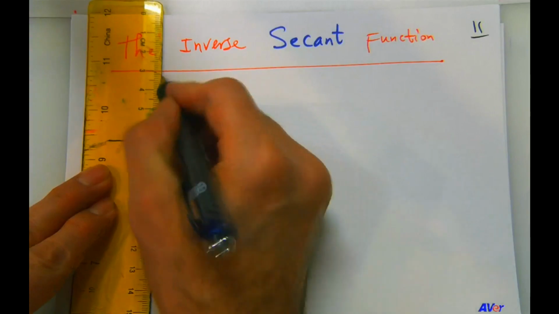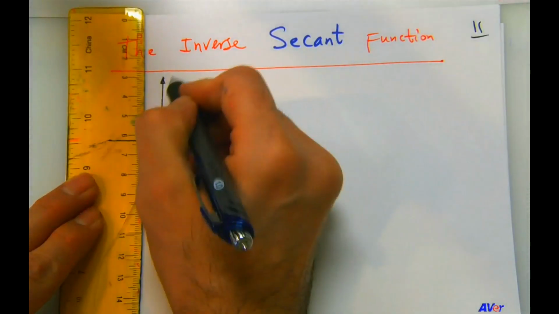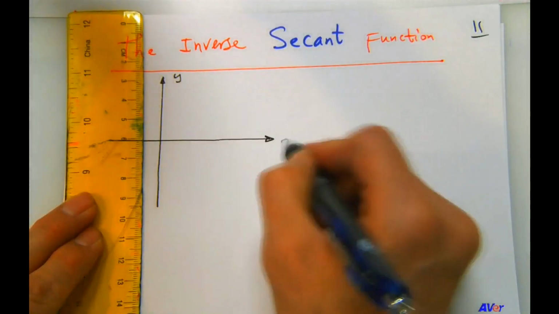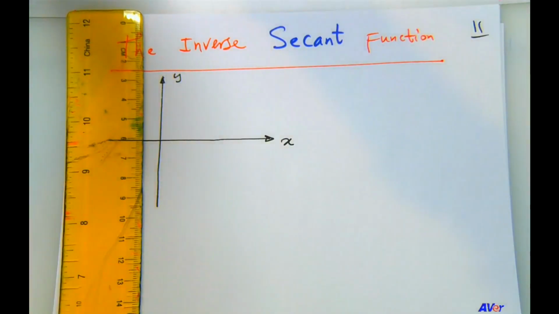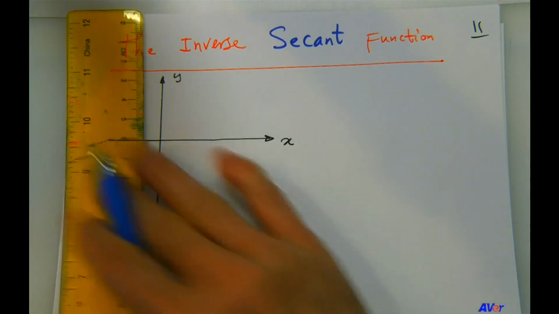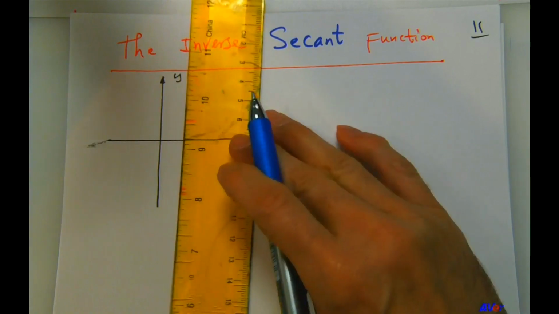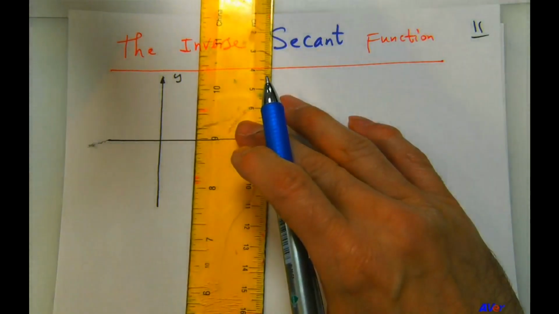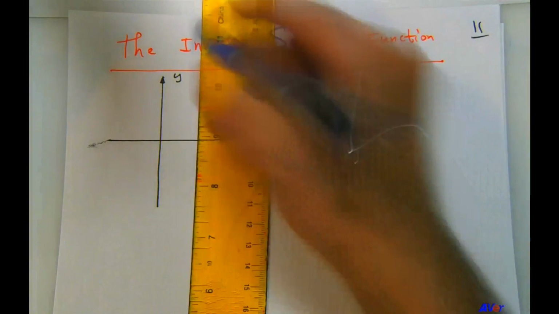Like that, and here is the y and the x, and the asymptotes are at pi over 2 and pi. So the asymptote was right there.